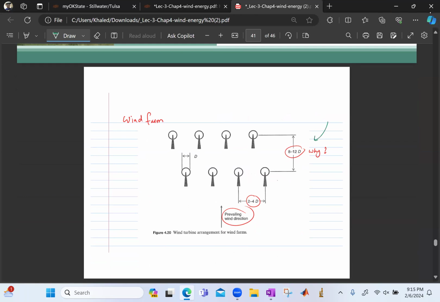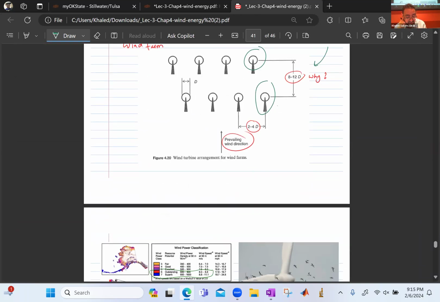Of course, one thing we need to realize is that they have to be far away from each other, because the wake needs to dissipate before you hit another turbine. So they take big land, right? And when we put them offshore, it's also going to be expensive, because you want to run cables from one place to the other. Big area with all those cables in the water, it's not going to be that cheap, right?